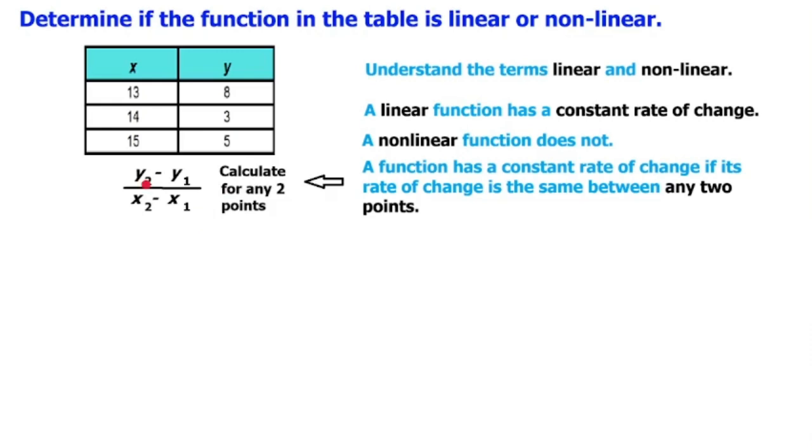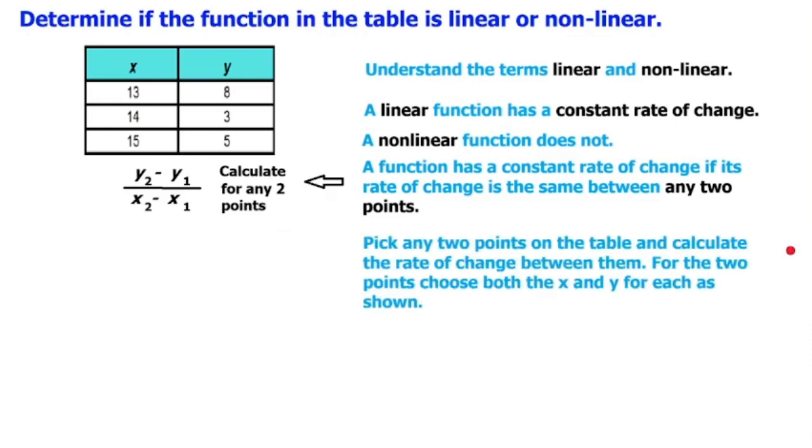So these are the two y numbers and these are the two x numbers. So calculate this for any 2 points. So let's do that. So pick any 2 points on the table and calculate the rate of change between them. So we're going to calculate this, okay? For the 2 points, choose both the x and y for each as shown.